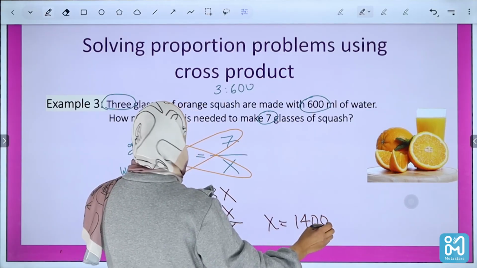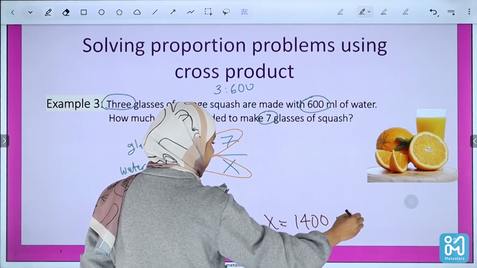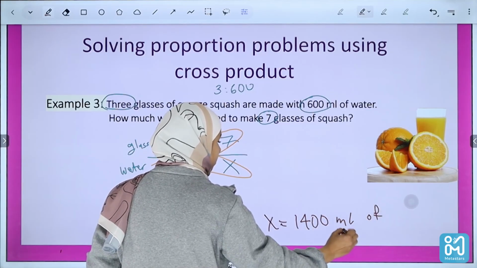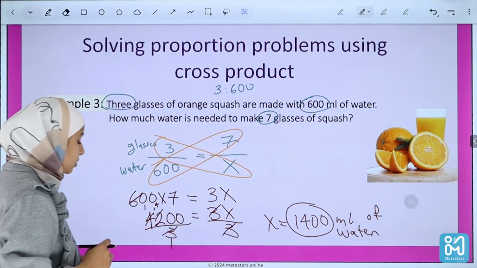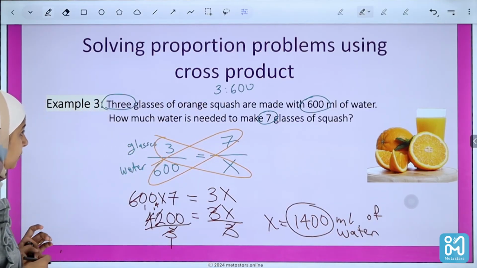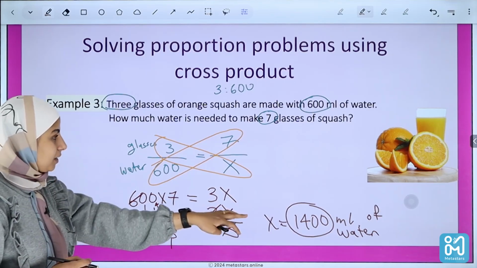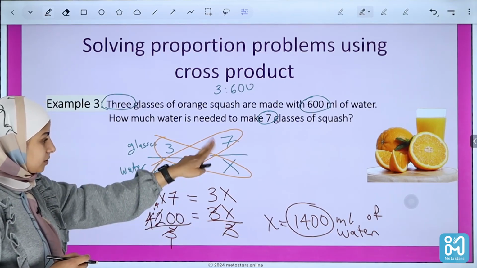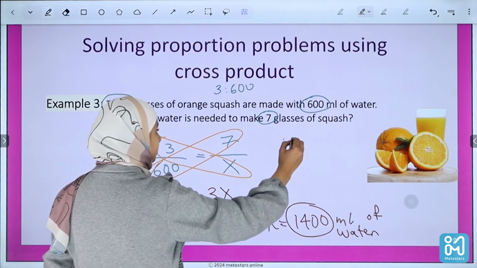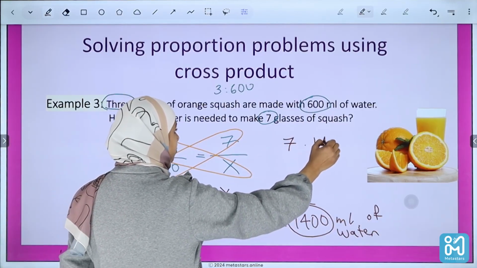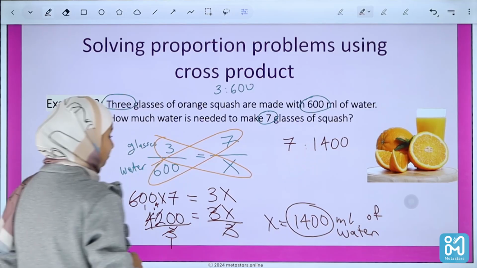1,400 milliliters of water. Okay, this is it. It's actually easy and simple. You can write this as a ratio, 7 to 1,400.